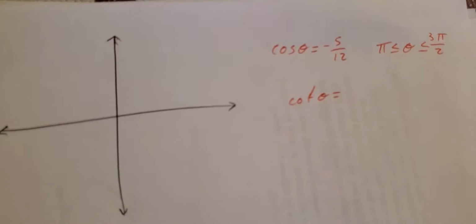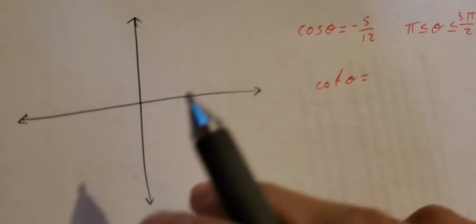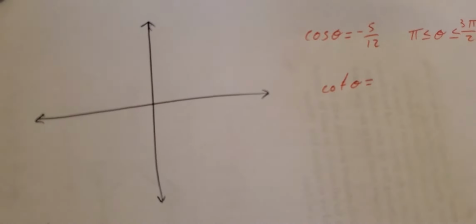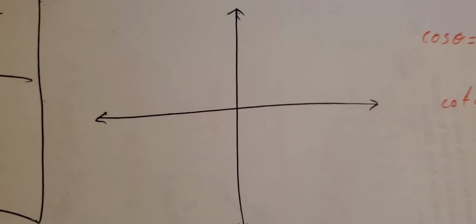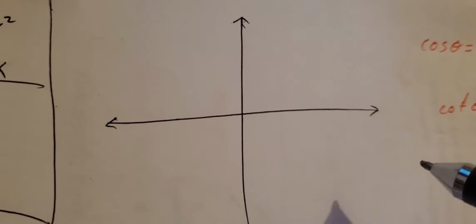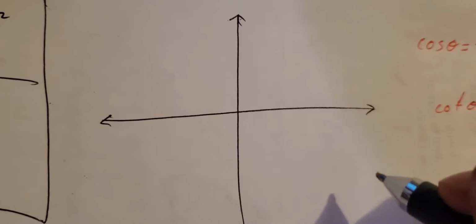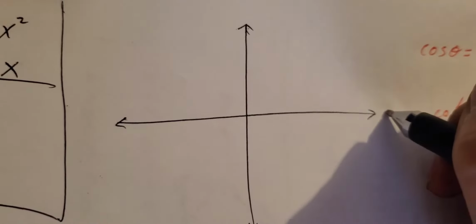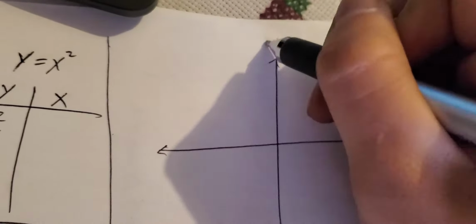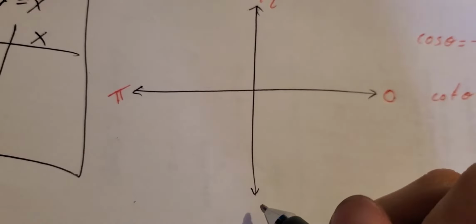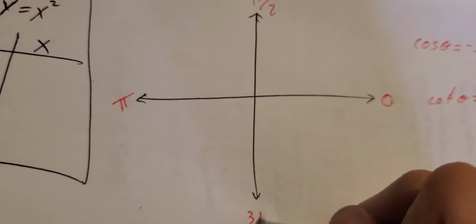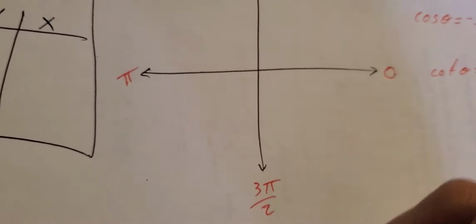Okay, so here's my problem. Here's where I'm going to be making my triangle. And let's take a look at this graph, at this x and y axis. We can have pretty much our unit circle drawn on top of this. We know our unit circle begins at 0, goes around to pi over 2, gets to pi, and finally goes to 3 pi over 2.